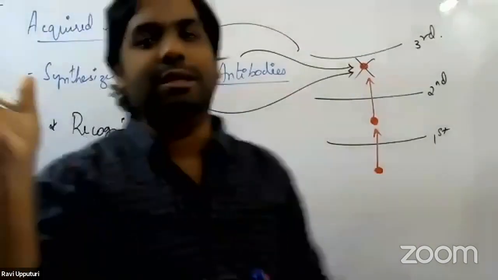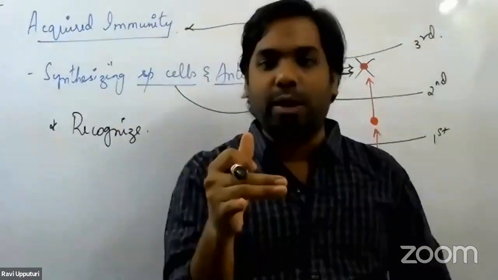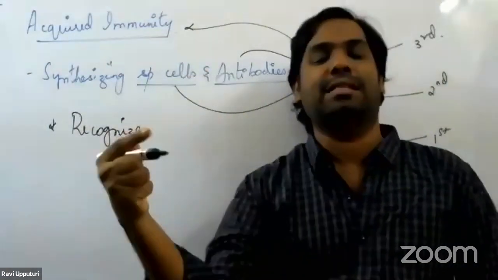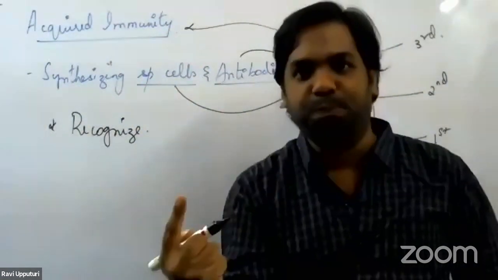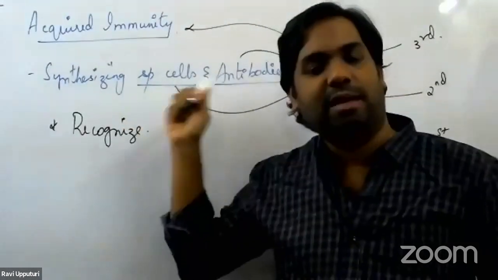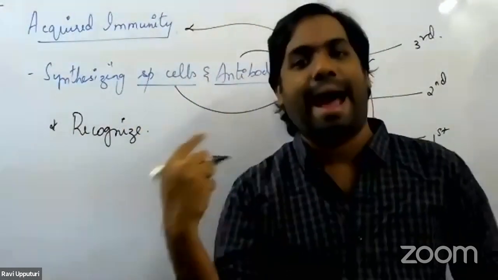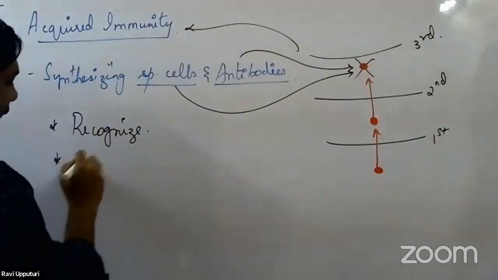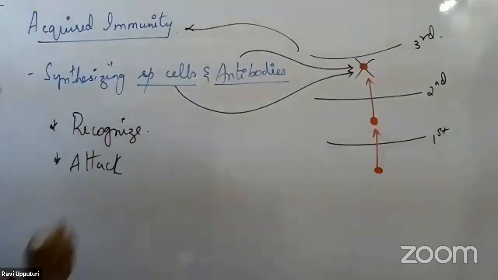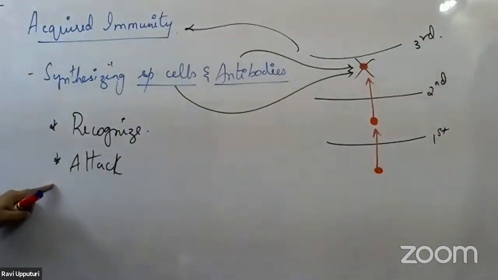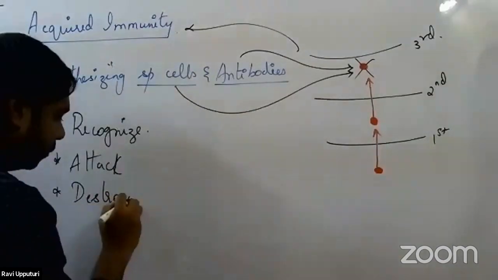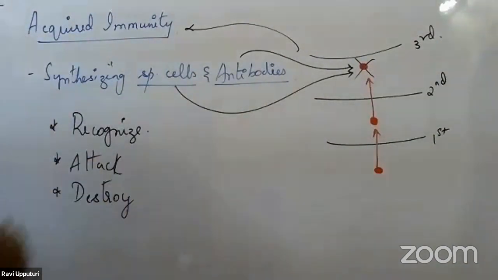Once the pathogen is recognized, the specialized cells as well as the antibodies are synthesized and activated. Once they are synthesized and activated, they start attacking the pathogen. So the second step is they attack the pathogen, and once they attack the pathogen, they destroy it.